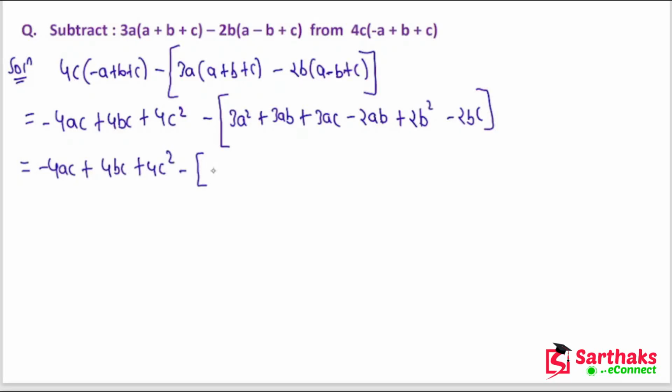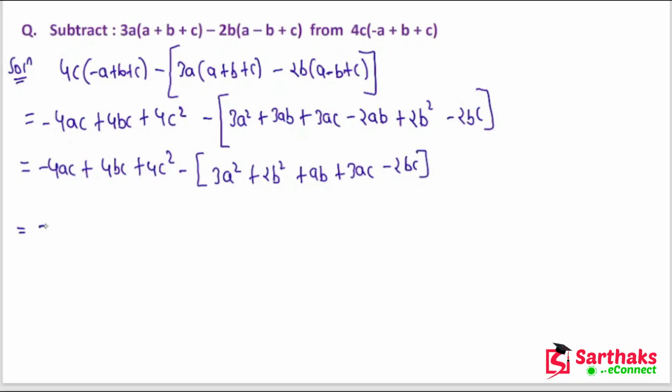Okay, it would be 3a square plus 2b square. Now 3ab and minus 2ab would be plus ab, and 3ac, minus 2bc.